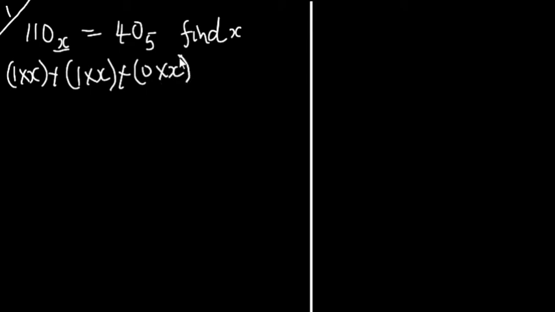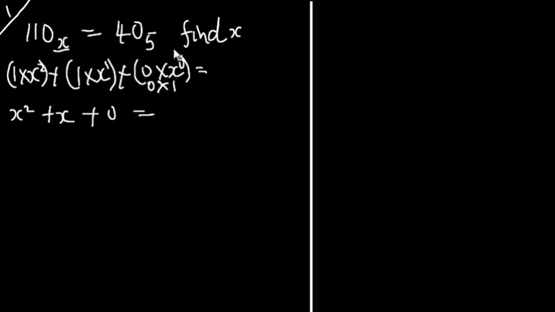Then we are going to add power to each x starting from 0, 1, 2. So 1 times x squared equals x squared. X raised to power 1 is x. 1 times x is x, plus x raised to power 0 is 1. 0 times 1 equals 0.